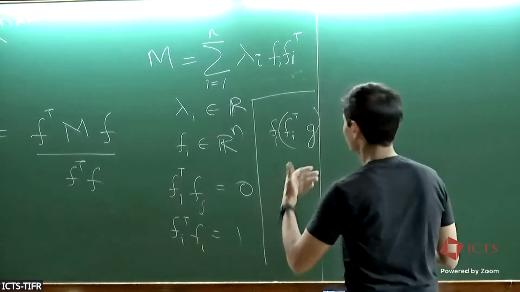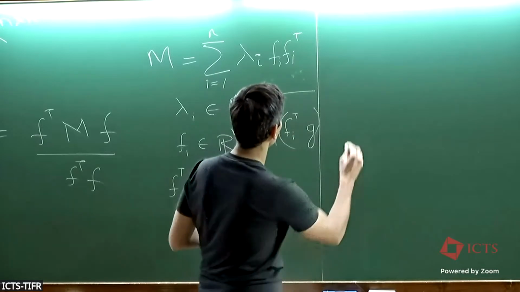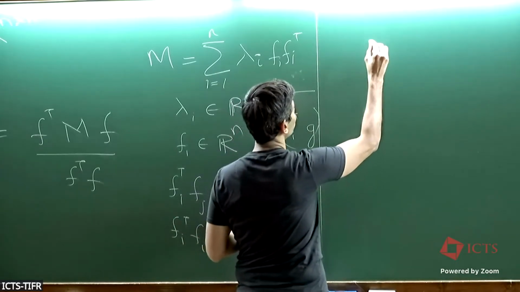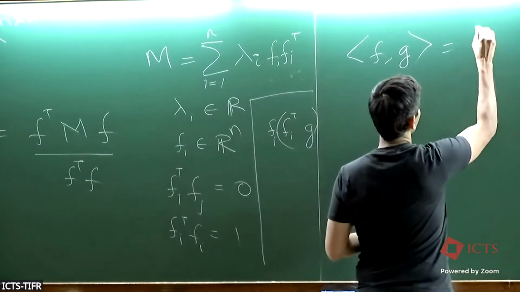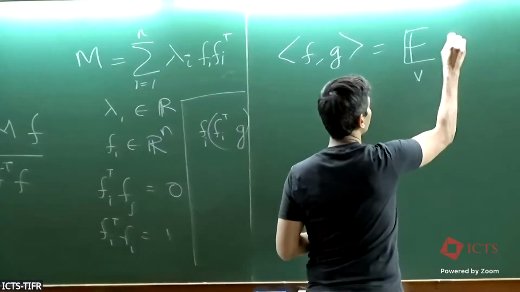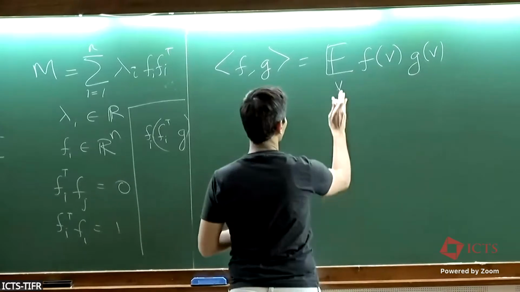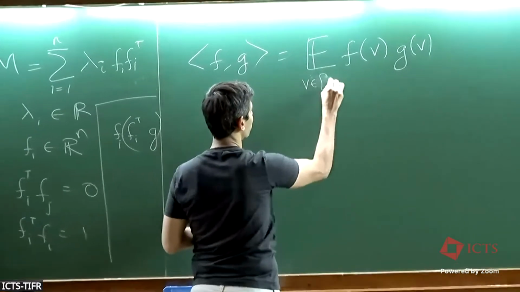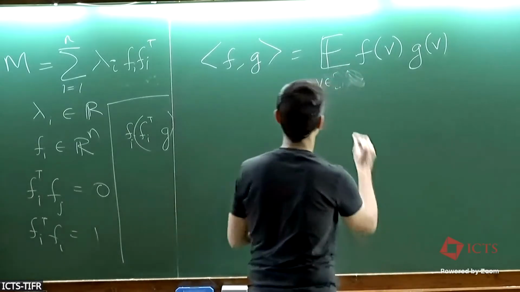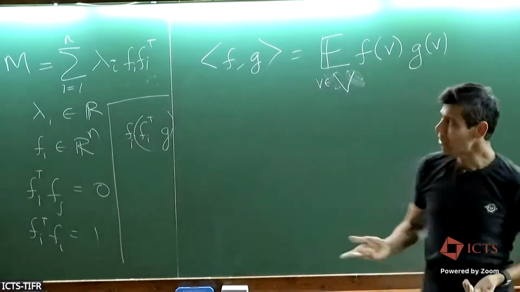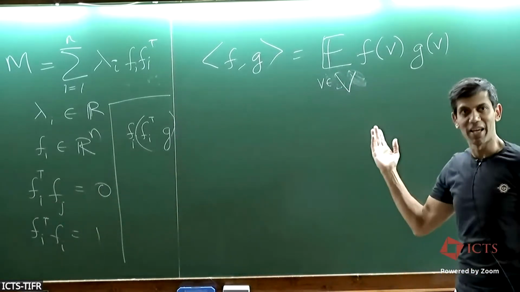In particular, it will be more convenient, even for regular graphs, to think of the inner product between two functions as the expectation over v of f of v times g of v, where for now v is chosen uniformly as one of the vertices. Right now it seems kind of boring. I'm just taking the same thing and dividing it by n.